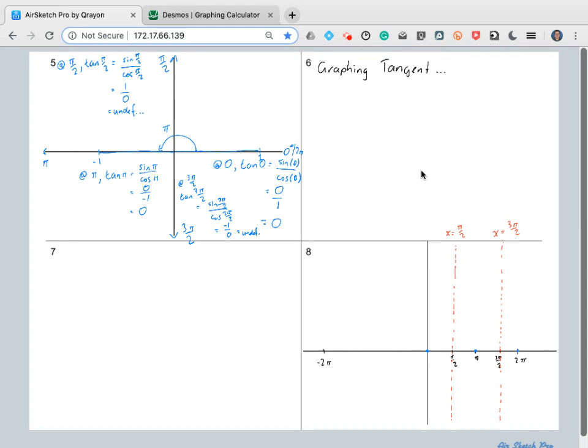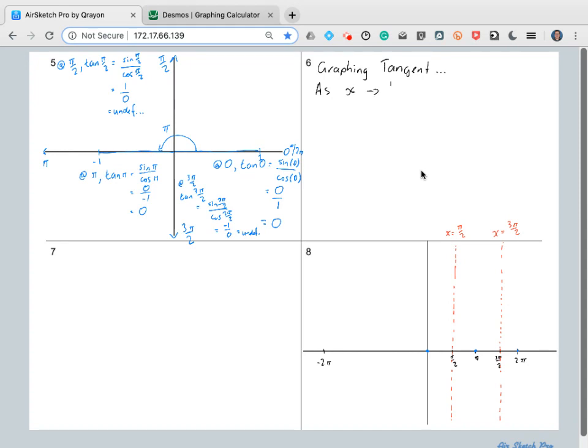So what does it mean though? Let's have a look at what's happening to the gradient of that straight line as we go towards that undefined value. Sorry, I'll just use x because that's what a function is normally defined as.